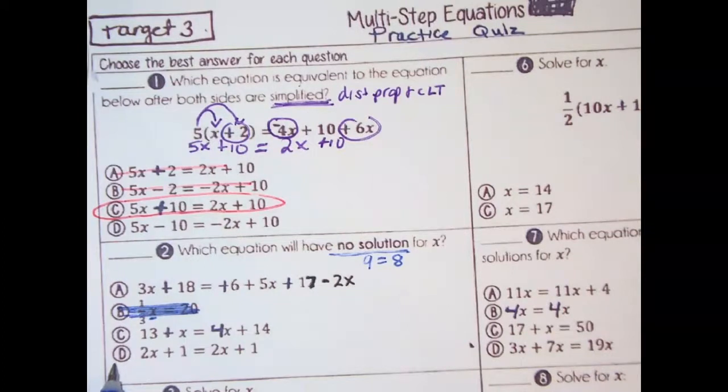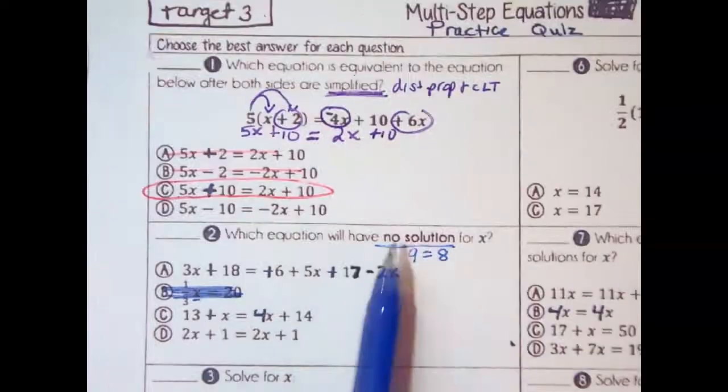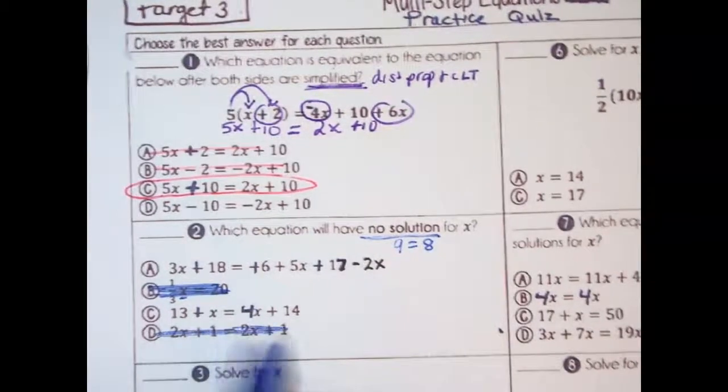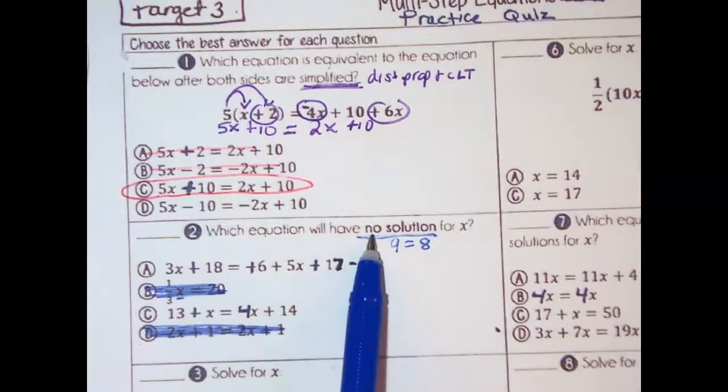I notice I have 2x plus 1 equals 2x plus 1. They're exactly the same. That means they're infinite solutions. So again, this one's not a choice. Right off the bat, I got rid of 2 by using my note sheet and what I know the other ones look like. So I only have to do 2 of these.